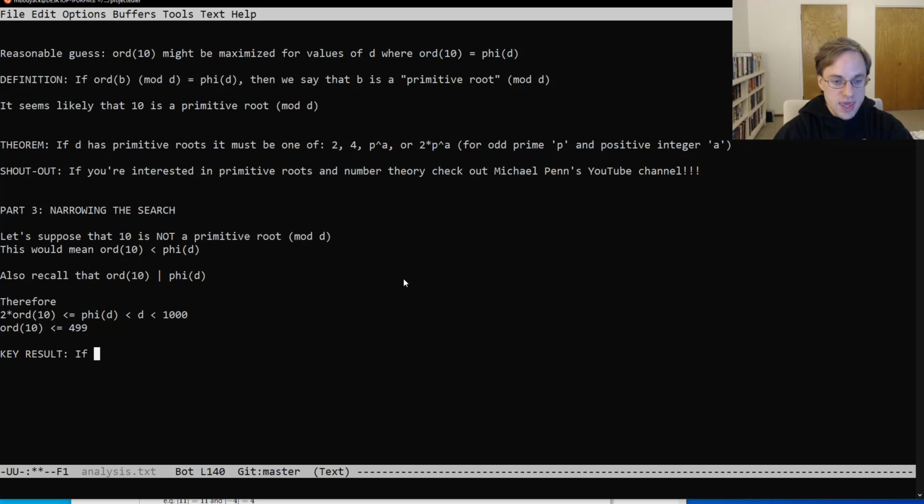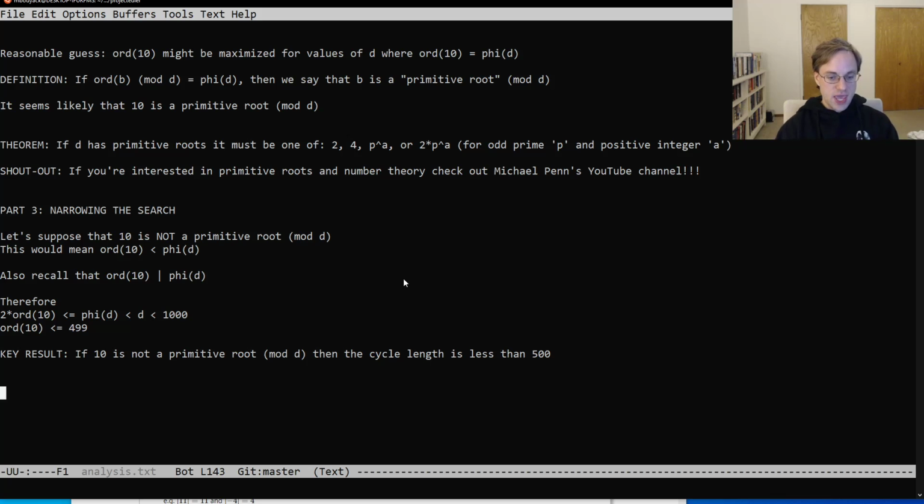If 10 is not a primitive root of D, mod D, then the cycle length is less than 500. Okay, great.